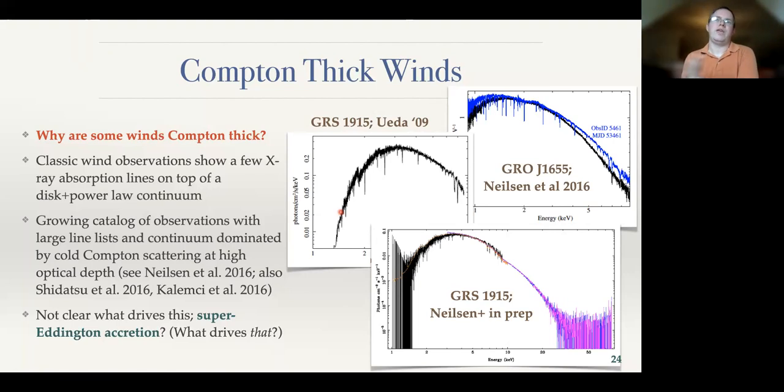There's something that we're seeing now in a few different cases in a few different states and different systems: Compton thick outflows from stellar mass black holes, and there are similar examples for V404 Cyg by Sarmata and others. So this is not a completely unusual phenomenon. We're starting to see this more and more often. So I think we need to be thinking about what can trigger those kind of outflow modes and accretion modes.